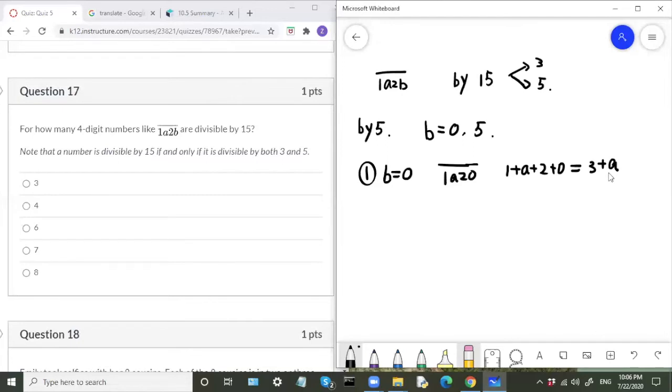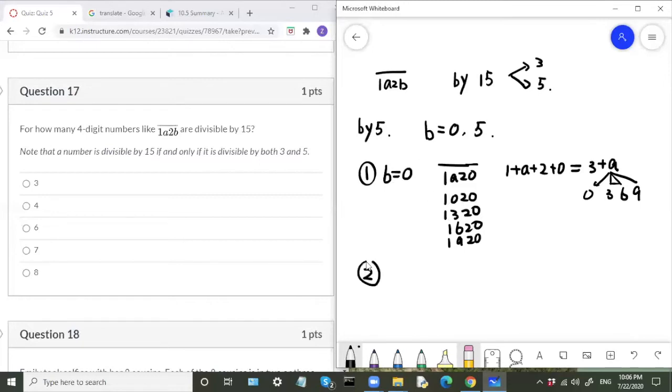So the numbers 1020, 1320, 1620, 1920 are divisible by 3 and 5, so divisible by 15.